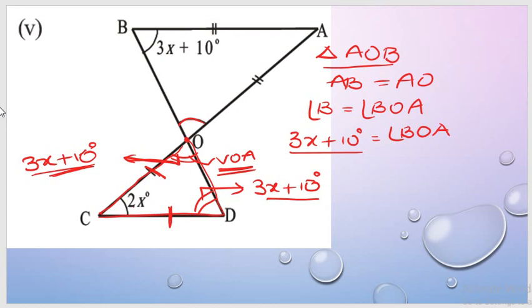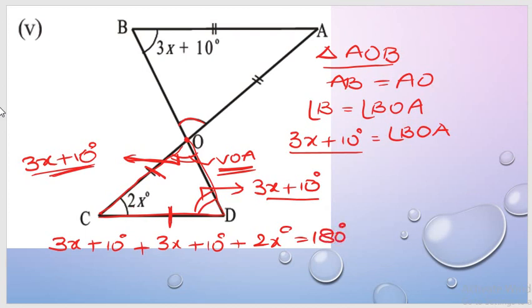But what do we know? The sum of interior angles of a triangle is 180 degrees, right? That means if you add all these three angles, 3x plus 10 degrees plus 3x plus 10 degrees plus 2x degrees, we are going to get 180 degrees.